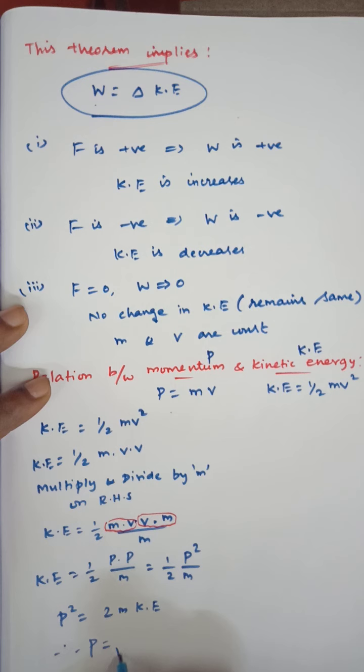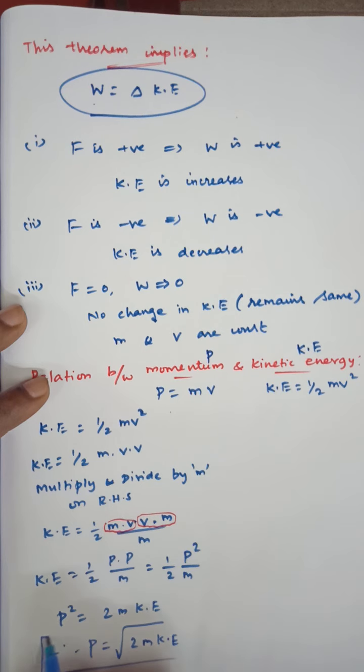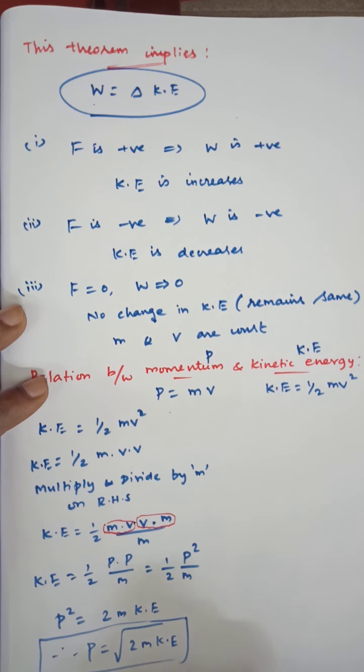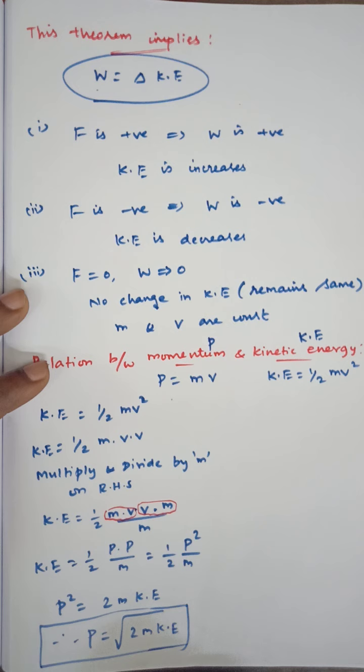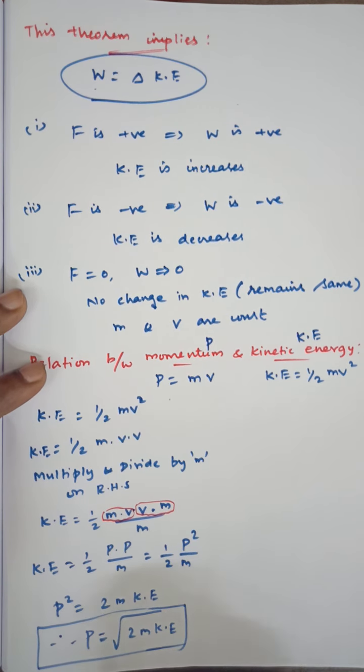So we write the square root of 2m into kinetic energy. This is a very important formula, and they will ask in the problems also. P is the momentum, KE is the kinetic energy. This relation: p is equal to the square root of 2m into kinetic energy.